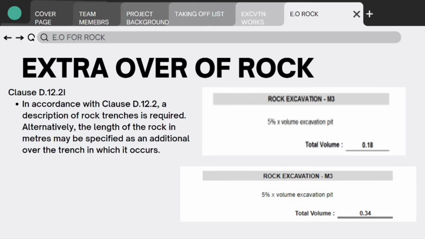Alternatively, rock may be given as extra over each of the various types of excavation. As per our drawing, we assume 5% from excavation works for excavating in rock. The unit for excavation in rock is meter cube. The total excavation in rock for MH1 is 0.18 and for MH5 is 0.34.